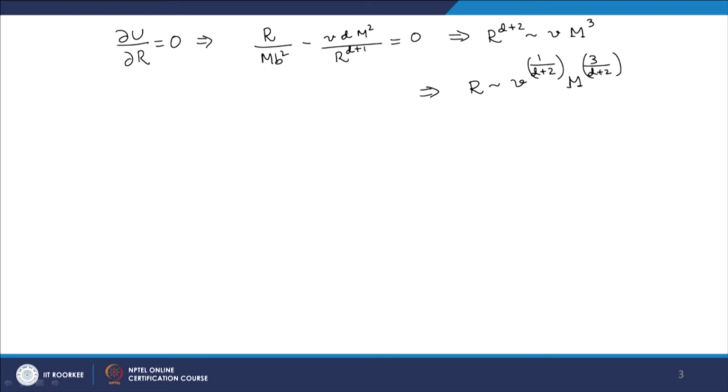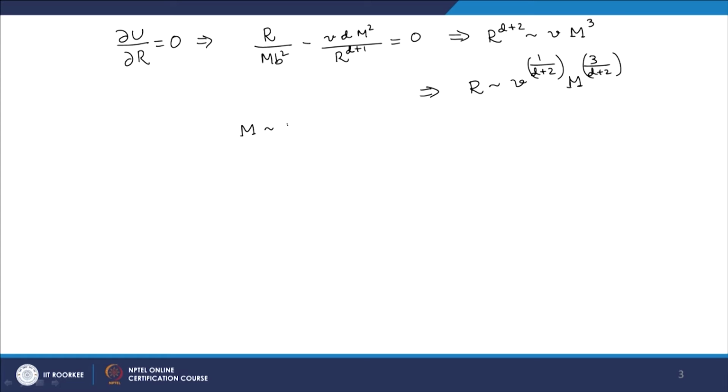You can verify this by putting in d equal to 3, and we get the relation that we have got for 3 dimensions.